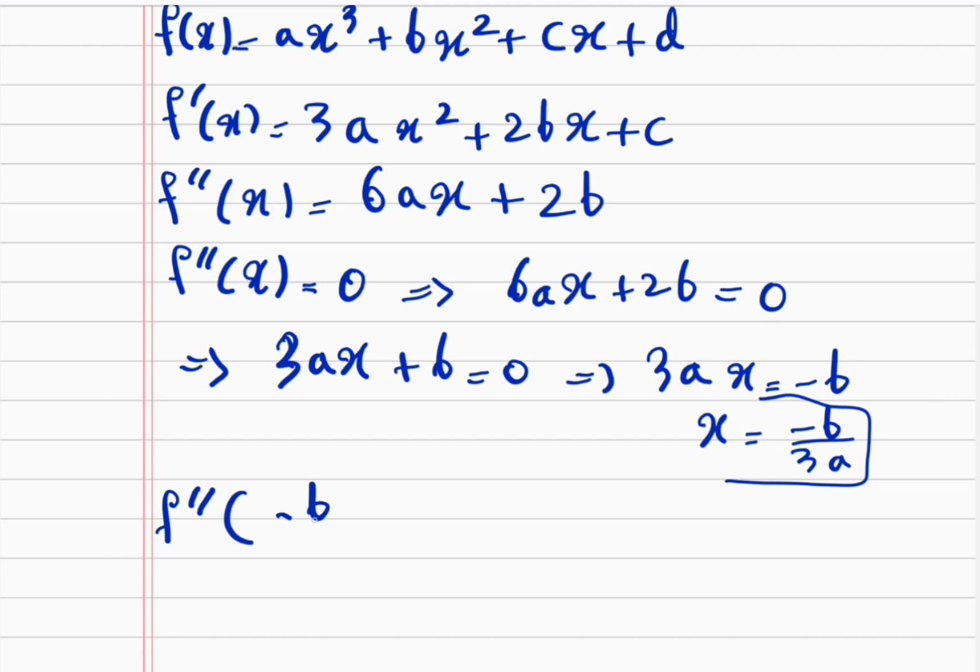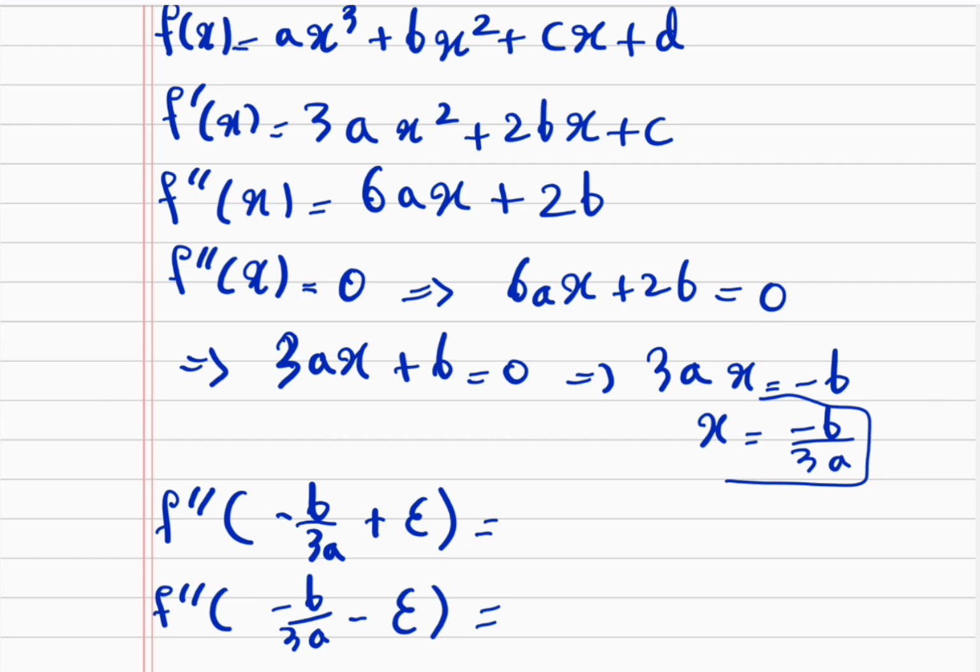We can write minus b over 3a plus a small value, let's call it epsilon, and just before that, we take away a small value called epsilon.